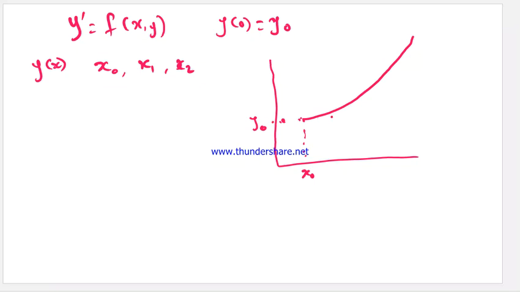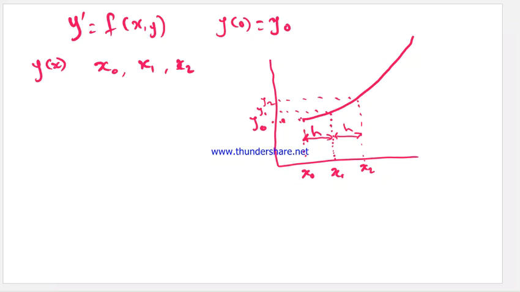So our desire in numerical methods is to compute the next value of y at x1, which will be y1, and the next one is to compute it at x2, which will be y2. The distance between each of these steps is h. That's what we call the step size, h. It can be 0.1, 0.2, 0.01, and so on.